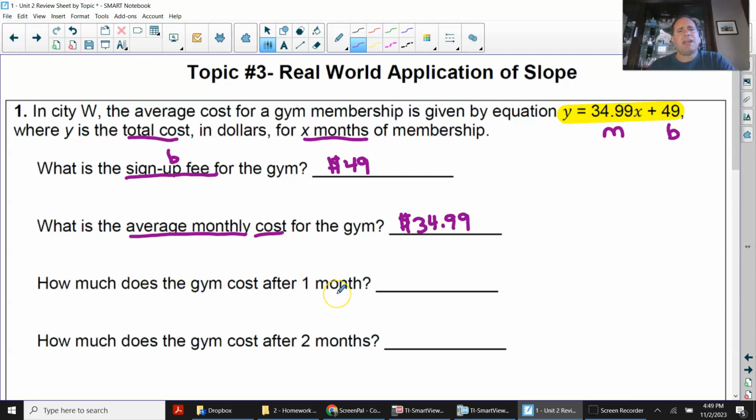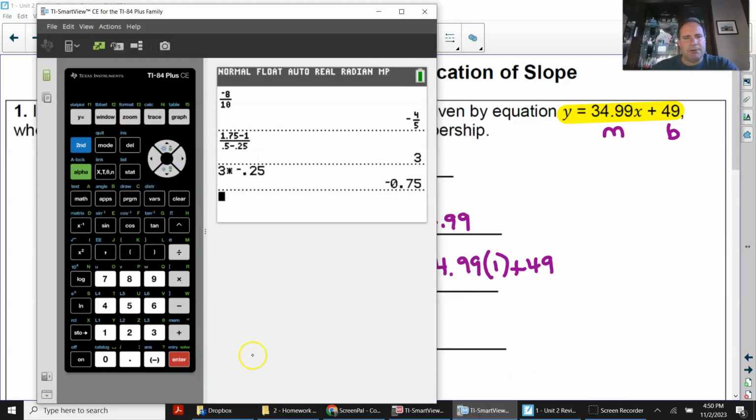How much does the gym cost after 1 month? So that means I'm going to take the number 1 and substitute it in for x. So I'm going to put y equals $34.99 times 1 plus $49.